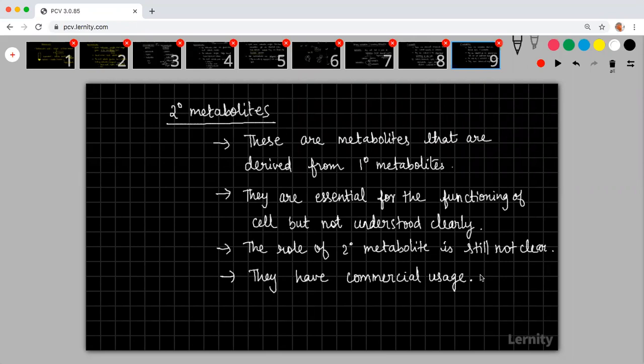All these pigments are not involved in the metabolism directly, but still they are present and they have some use to the plant in some way or the other. Those substances are called metabolites. It's not just plants, any organism. Are we able to understand?